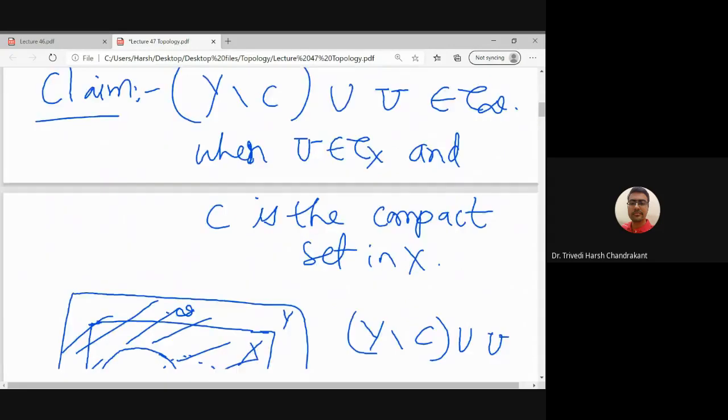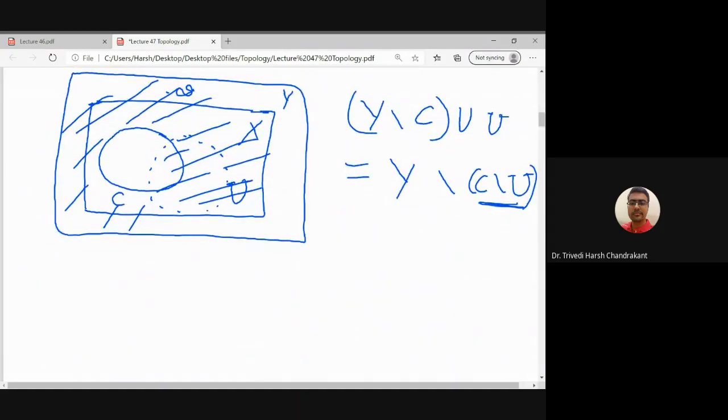Belonging to tau infinity means it is either of type 1 or of type 2.